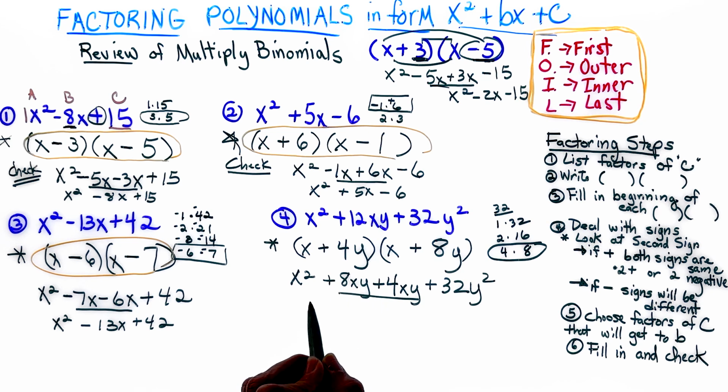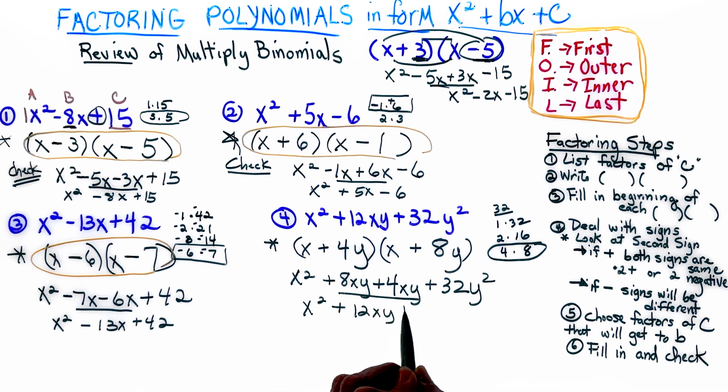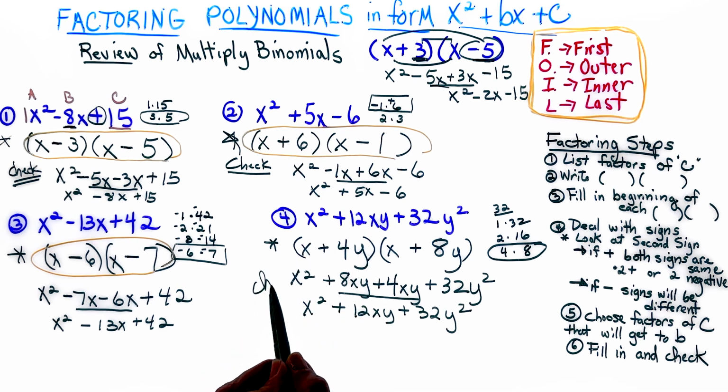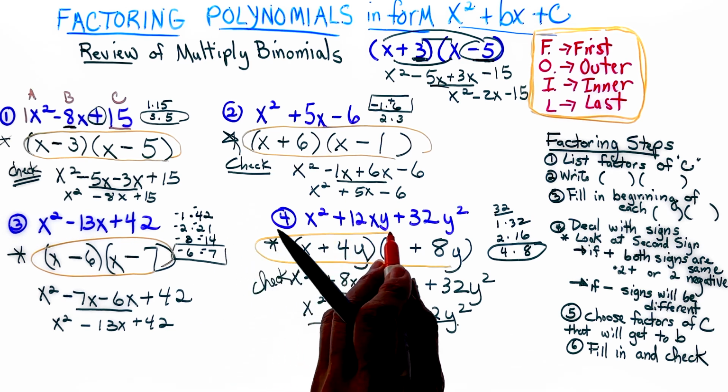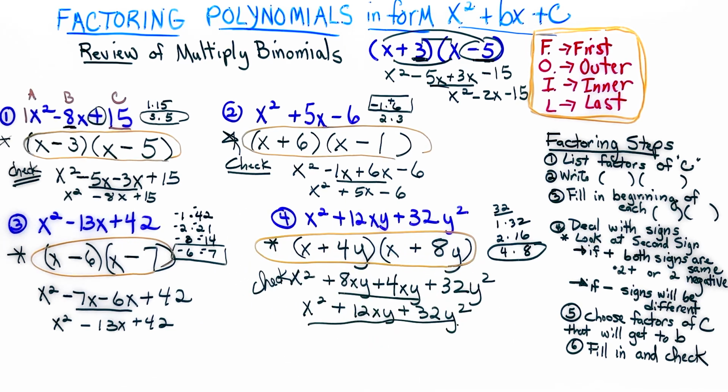Again, we put together our inner terms, and we end up with where we started. So we know that this definitely does check out because we ended up with our original. So this is the answer to factoring the trinomial into 2 binomials.